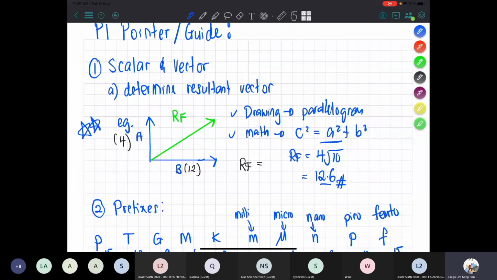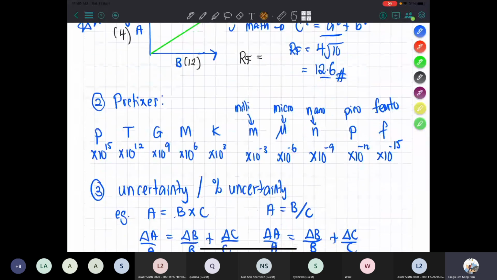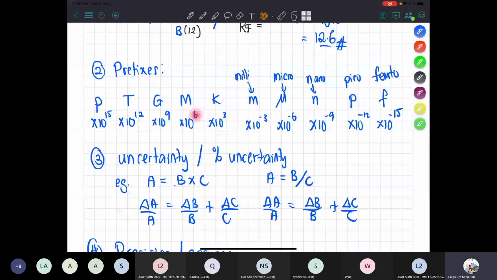You must be able to determine the resultant force for two vectors. For example, let's say your A is 4, your B is 12. To get the resultant force, you can use a parallelogram, or you can use the maths method, which is C squared equal to A squared plus B squared, and then you will get the answer about 12.6. I hope you don't make any mistake finding the resultant force this coming Monday.